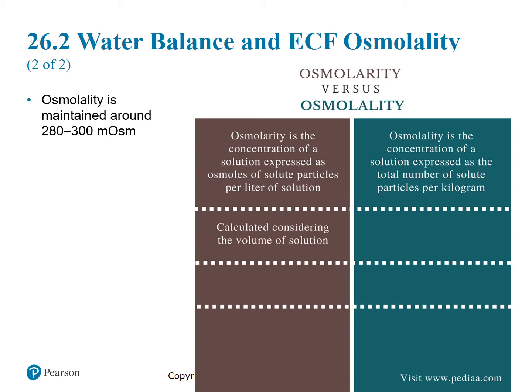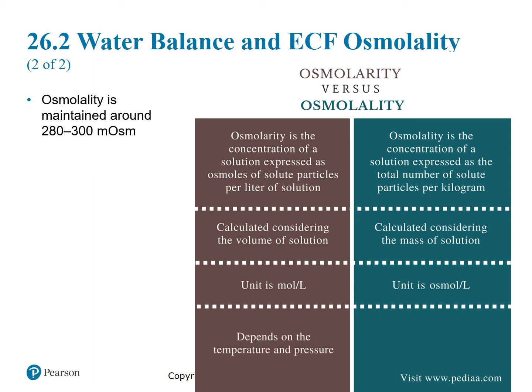So osmolarity is calculated considering the volume of the solution, osmolality, the mass of the solution. The unit is osmoles per liter in osmolarity and osmoles per kilogram in osmolality. Osmolarity can depend on temperature and pressure, and osmolality does not depend on temperature and pressure, which is why it's a little bit more of a practical measurement in this case.